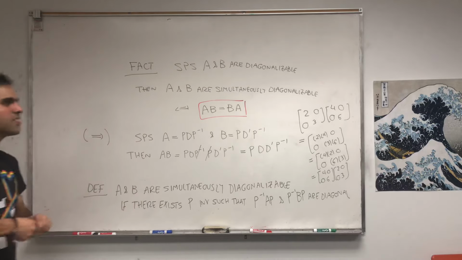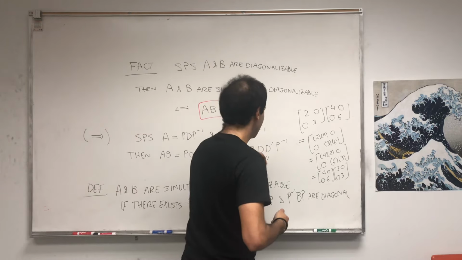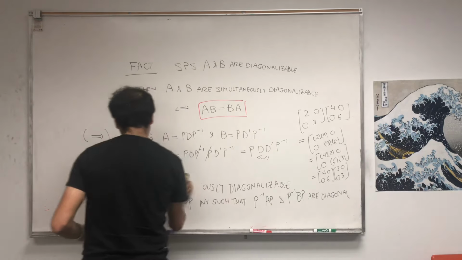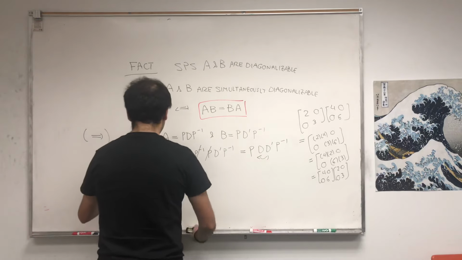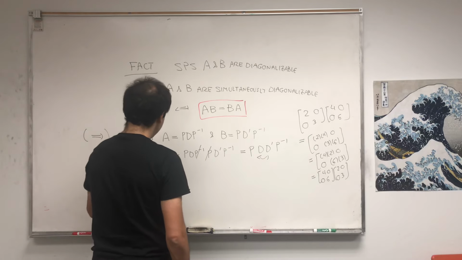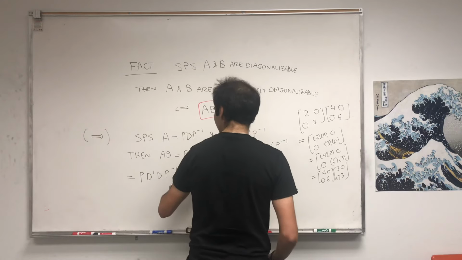So in other words, diagonal matrices commute, which means we can just interchange those two. So that's PD primeD P inverse, and then you can just do the reverse.